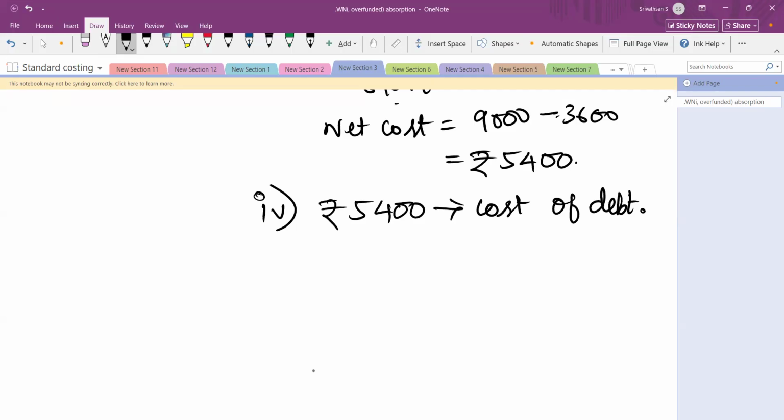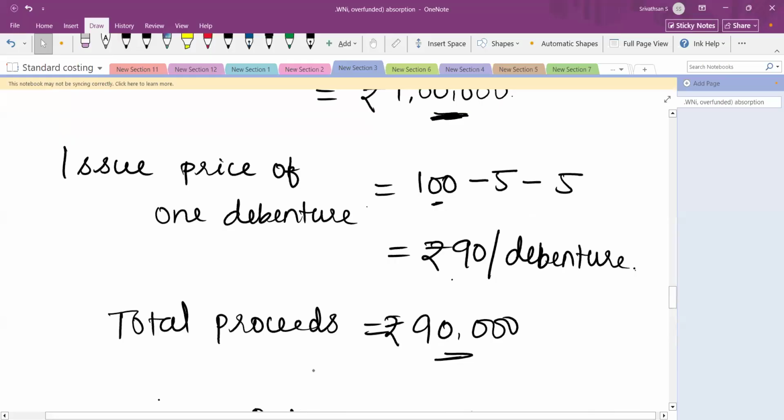Now, let's see how to calculate the cost of debt. I mean, in terms of percentage, we have 5,400 as the cost of debt in terms of rupees. Now, how to calculate it in terms of percentage? This 5,400 is the cost of debt, right? This is the cost for raising how much rupee of debt in total. The company raised debentures worth 90,000 rupees.